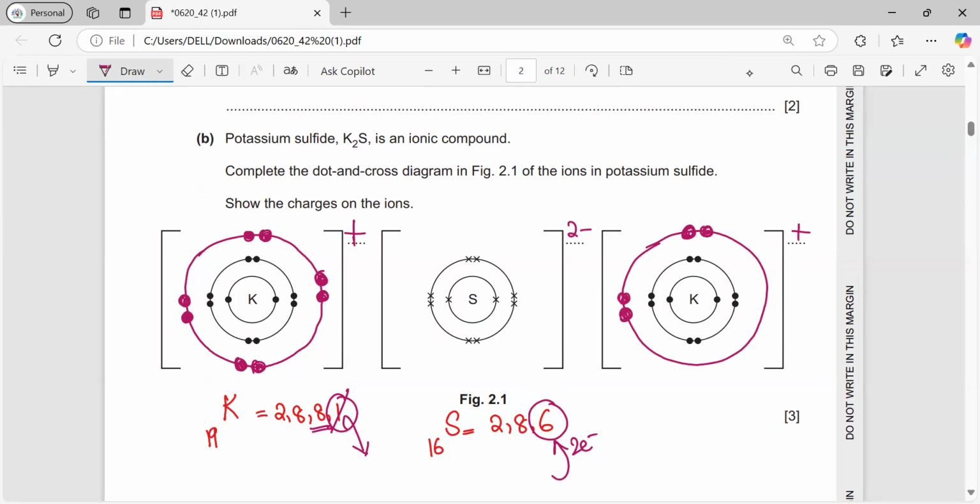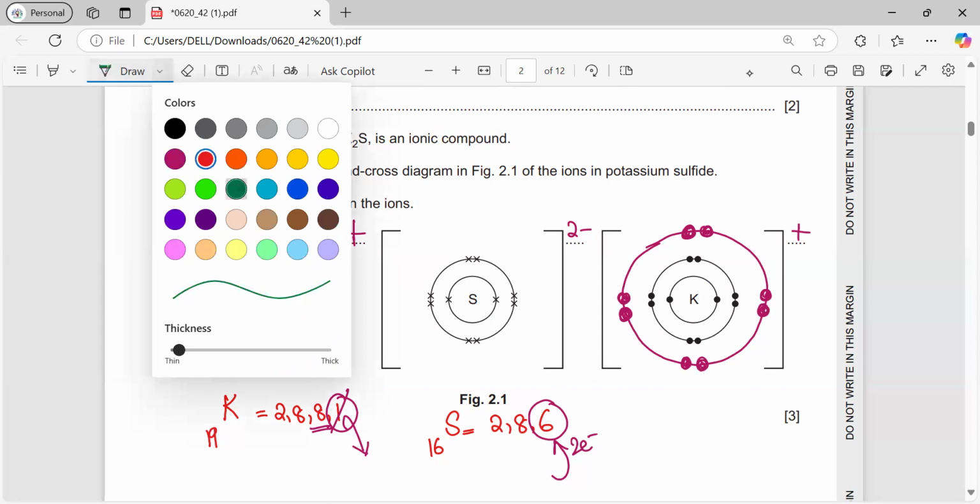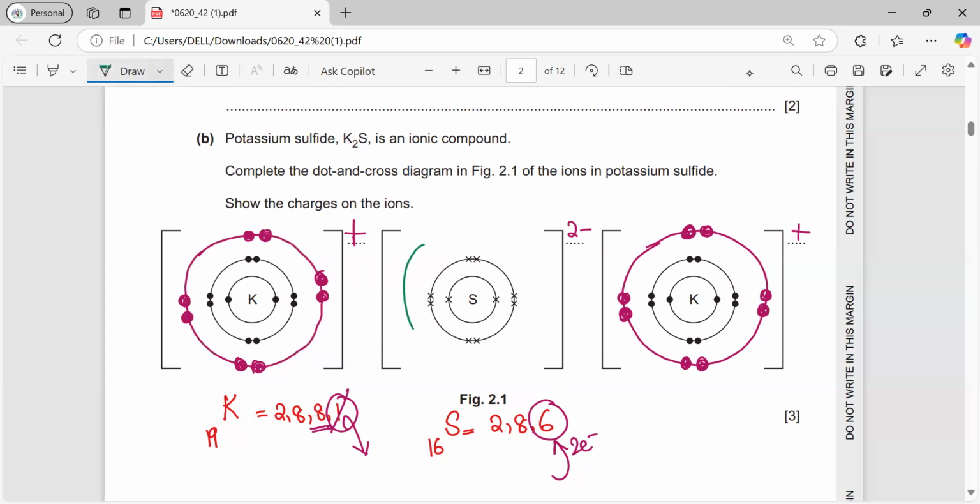As for the sulfur, it has a total of 6 electrons in the third shell: 1, 2, 3, 4, 5, 6. So 6 crosses. And it has gained 2 electrons, one from each potassium. We'll draw them with dots. So this is the sulfide ion.